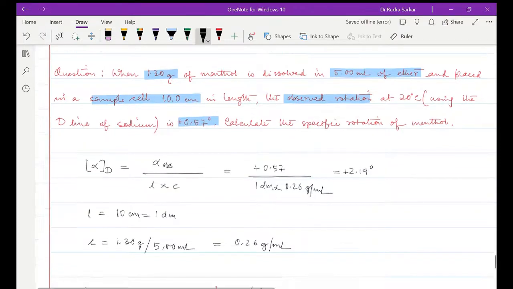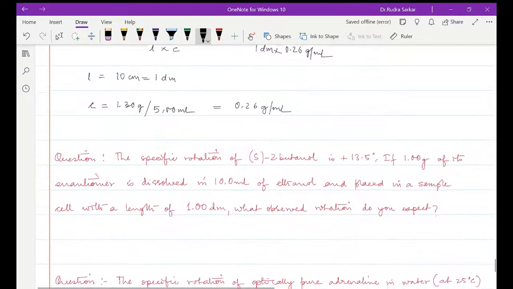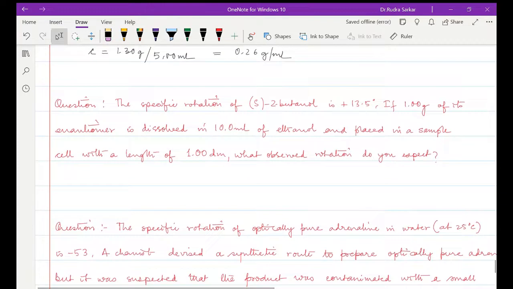That should be our answer. Again, a similar problem has been given over here. So I would request you to try this out at home.